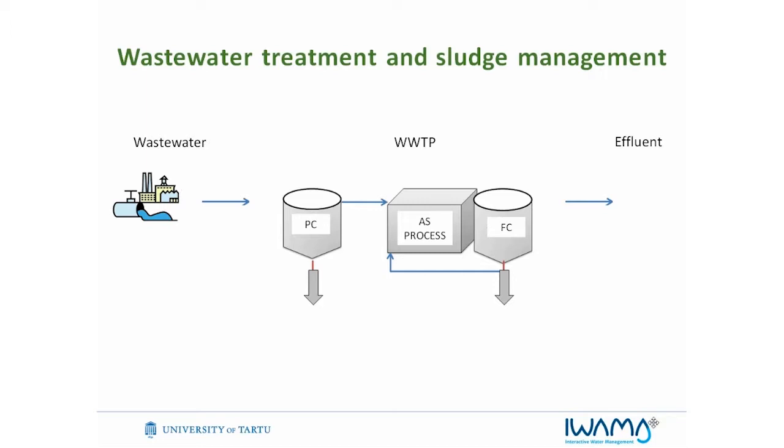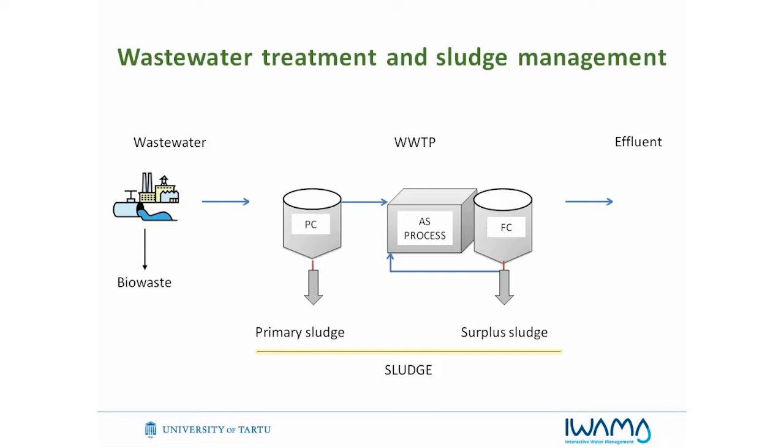But we have to remember that in the wastewater treatment plant, the main target is still to produce clean effluent of the wastewater. And of course, it was already told in the first presentation, there are different energy values in the primary sludge and secondary sludge. And from the municipalities, from our households, more bio-waste is also coming.